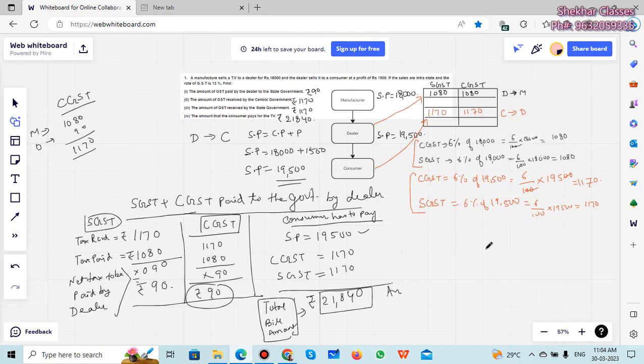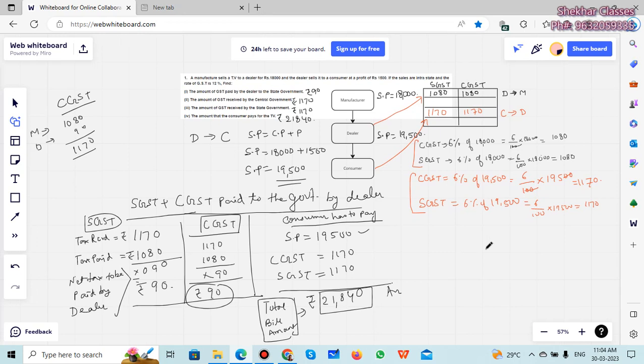Then the dealer will sell it to the consumer. Since the dealer is selling it for a higher price, obviously he will receive some extra amount of tax from the consumer, because in this case he bought it for 18,000, but he is selling for 19,500, 1,500 extra, and he will be receiving the tax on that as well.